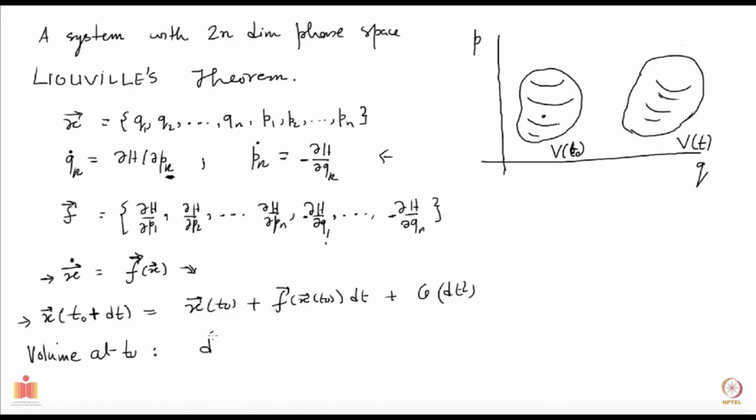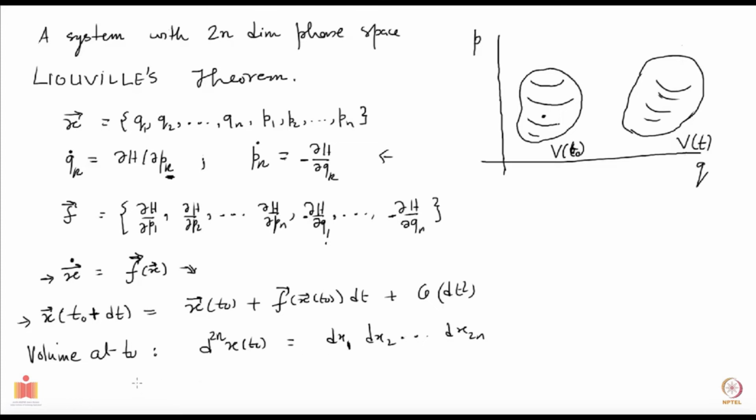So volume at t naught is what? Is d2n x at t naught. Okay, which is nothing but dx1, I'm dropping the t naught now, dx2, so and so forth, dx2n, which is just dq1, dq2 up to dqn, and then dp1, dp2 up to dpn. Okay, that's what the volume is at time t0. Okay, you can put t0 here as the arguments.